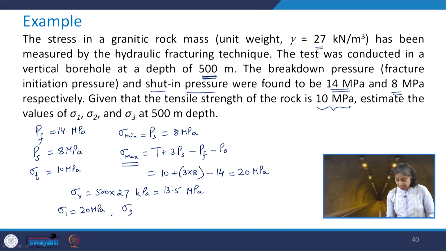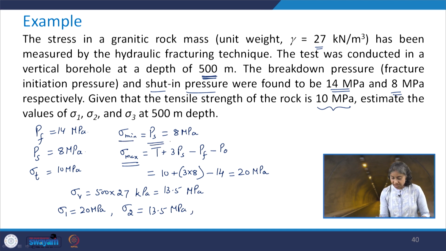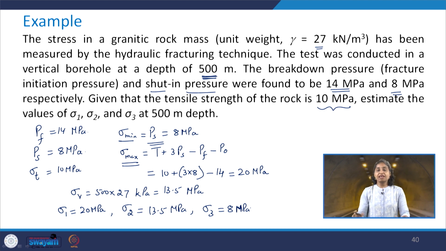Then we have sigma 2 equal to 13.5 MPa, and of course, because sigma minimum is equal to PS, this is going to become sigma 3, that is 8 MPa. So, this is how we can analyze the data of the hydraulic fracturing test to obtain the in situ state of stress in the rock mass.